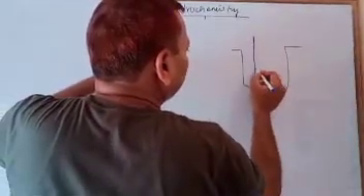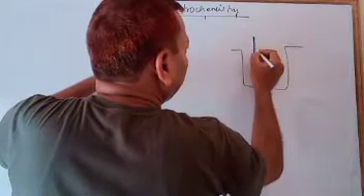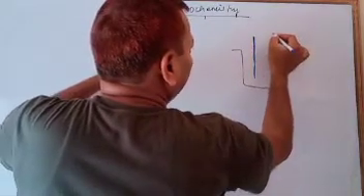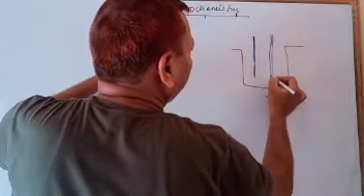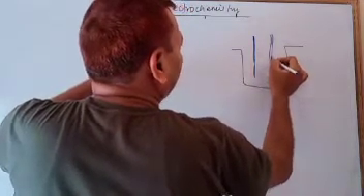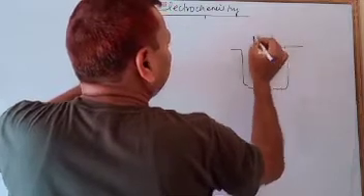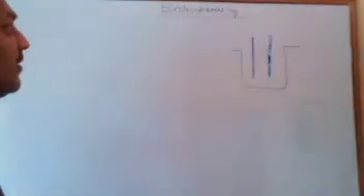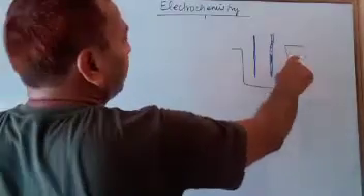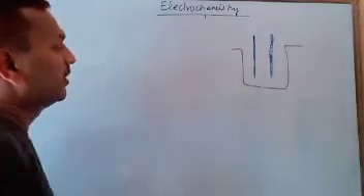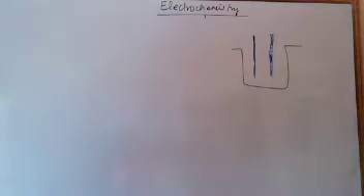These are two metal rods. When we bring them in contact with the electrolyte, electron transfer takes place. That is why it acts as an electrode. So when electron transference takes place in a metal rod, it is known as an electrode.